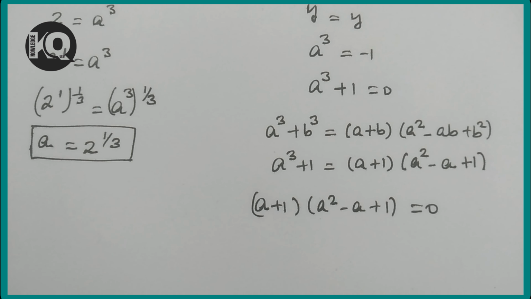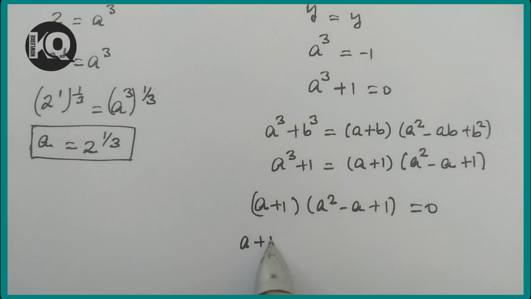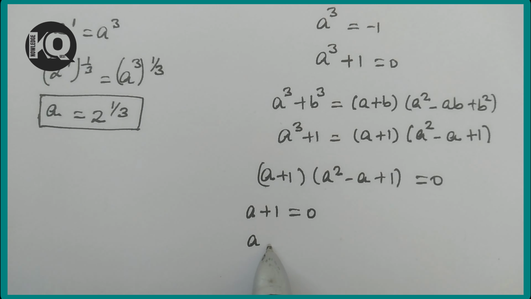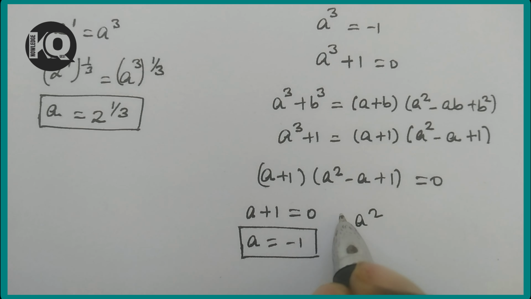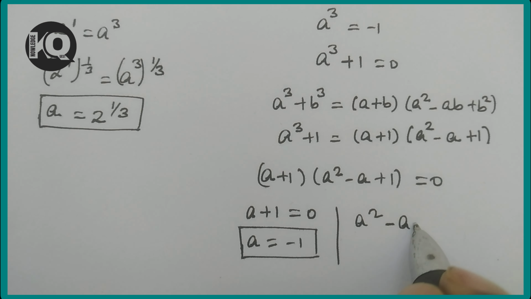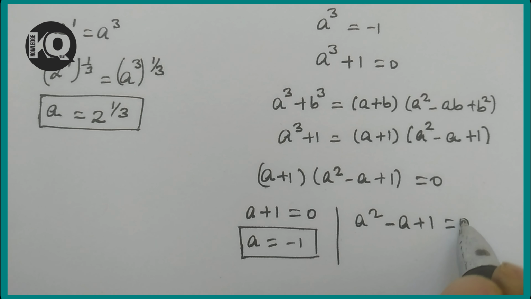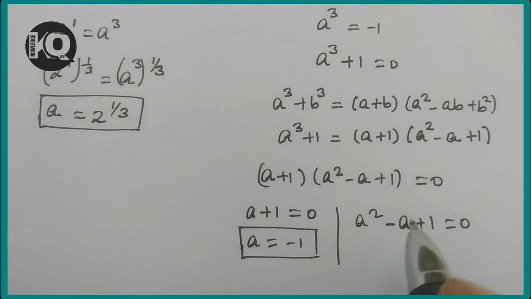So we will have two alternatives. The first one, by using the zero product property, a plus 1 is equal to 0, so from here a will be minus 1. And for the second case we have a square minus a plus 1 which is equal to 0, which is quadratic.